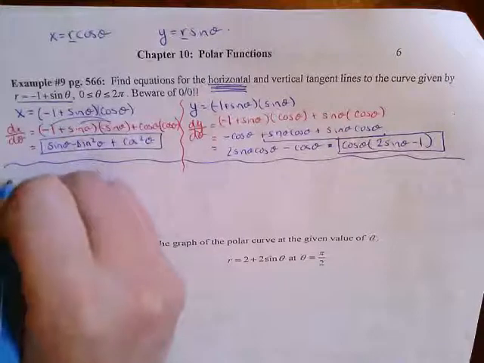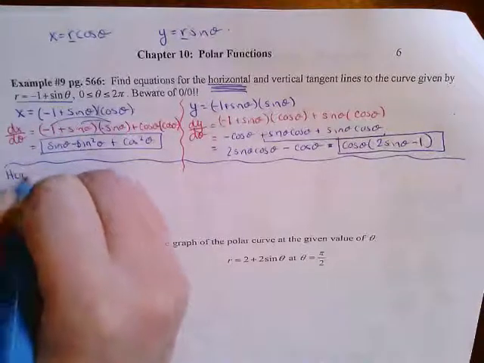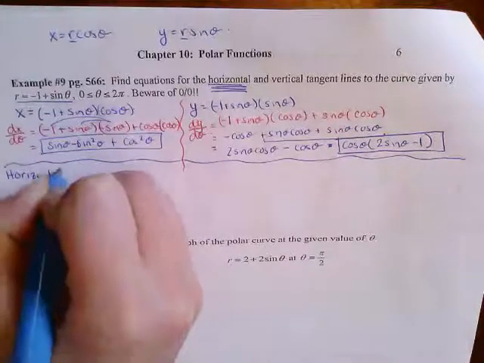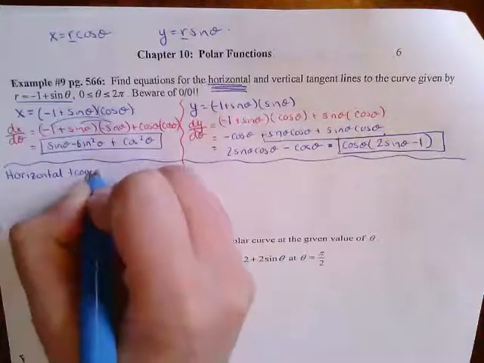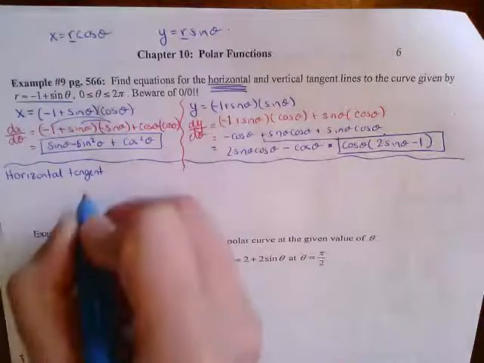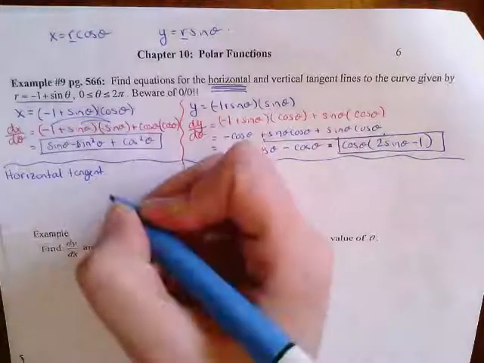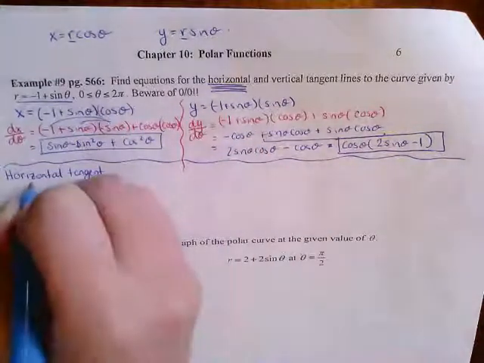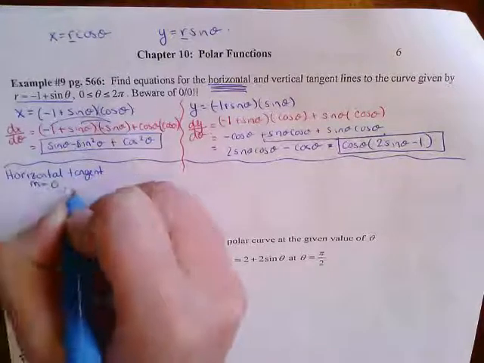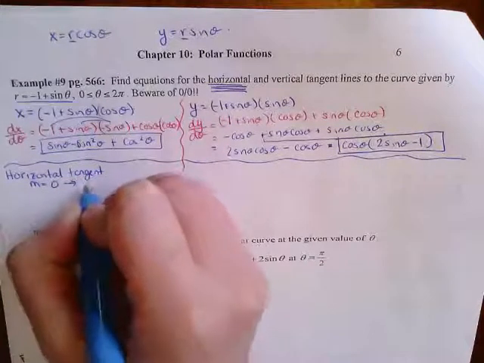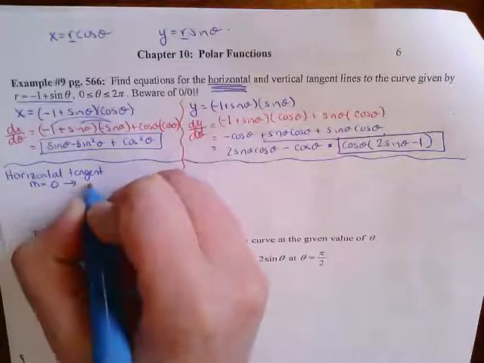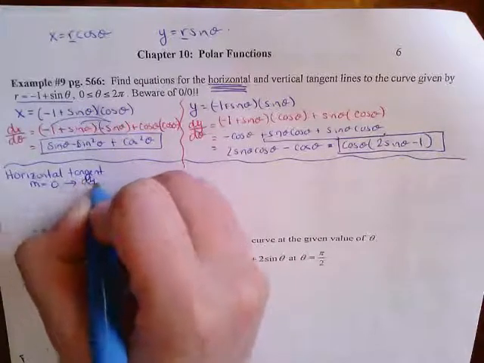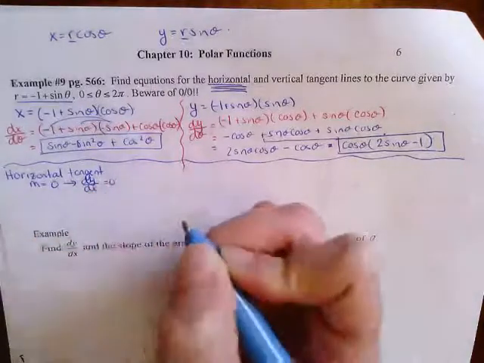So what did the definition say? The definition said that we have a horizontal tangent when the slope is 0. And how do we get the slope being 0? That means the top. So basically when dy dx is 0.